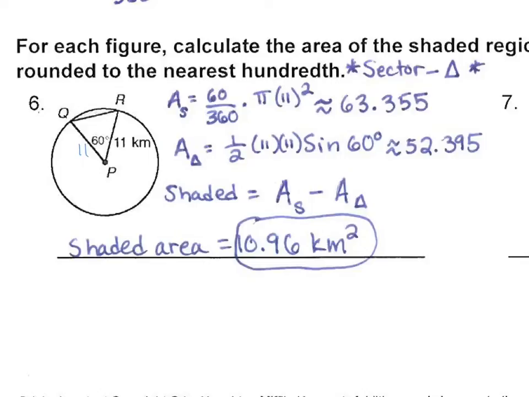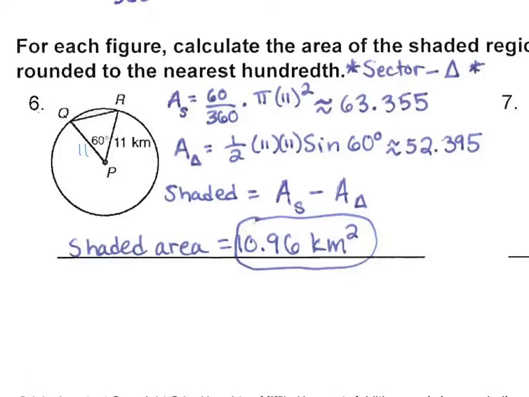A and B are 11, and the included angle, or the angle that comes between those two sides, is 60 degrees. So my calculator walks me through this calculation. I get 52.395, go to 3 places, which is the area of the triangle. Then if I just want the shaded area, remember we're only interested in this little crust piece.